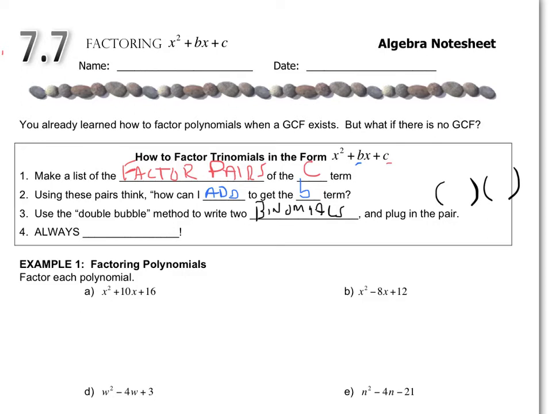And as we have said almost every single lesson this year, we always check. In this case, because we're multiplying 2 binomials, we're checking with FOIL. We always want to make sure that our 2 binomials would go back together to get what we started from, so that we know we have the right answer. So let's see how some of these work.